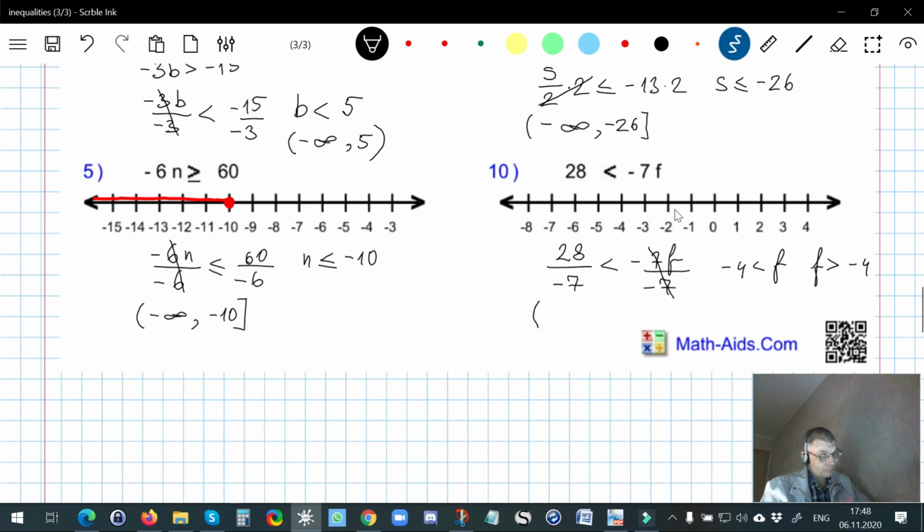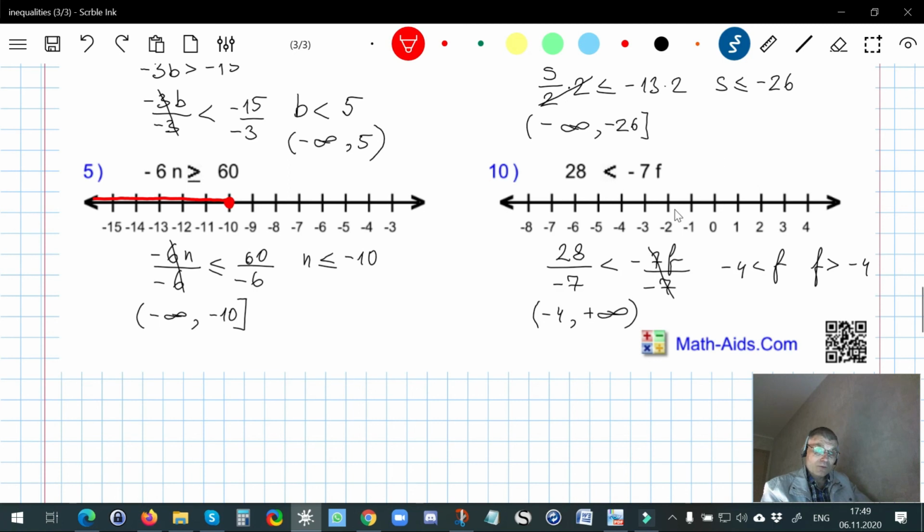Our interval notation starts with negative 4 and stretches right to positive infinity. And as there is no equality sign, it's an open interval, so I don't include this point. And finally, I draw a line along my number line, and it looks like that.